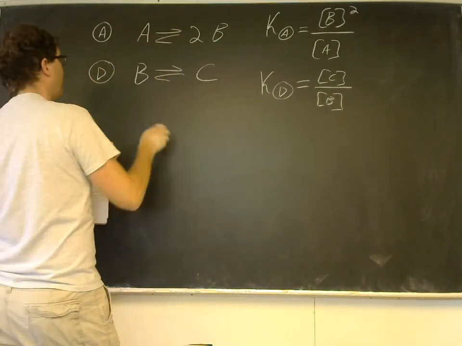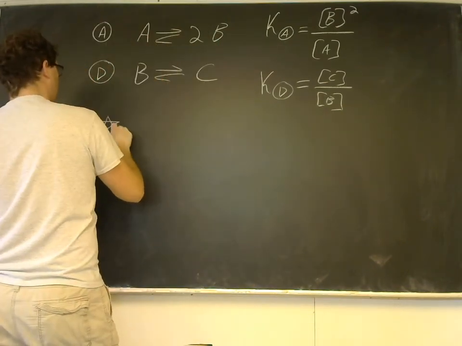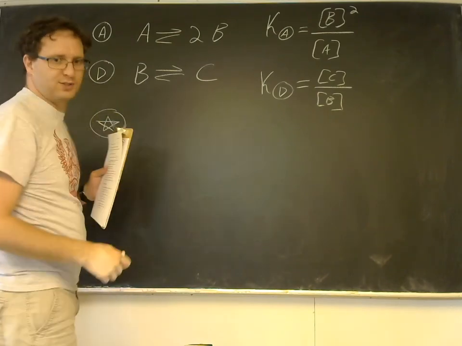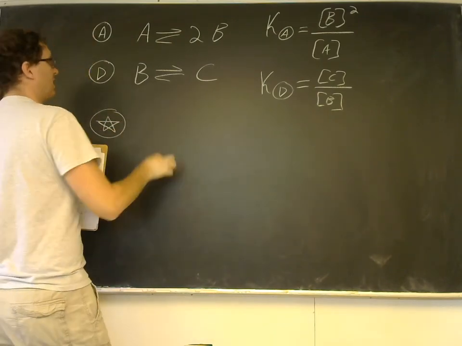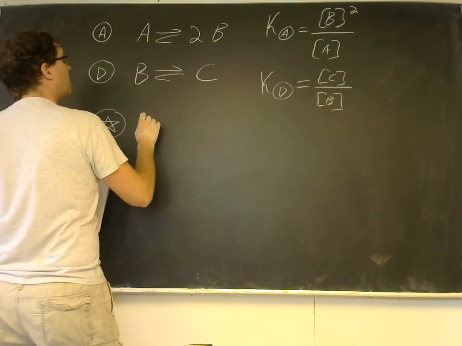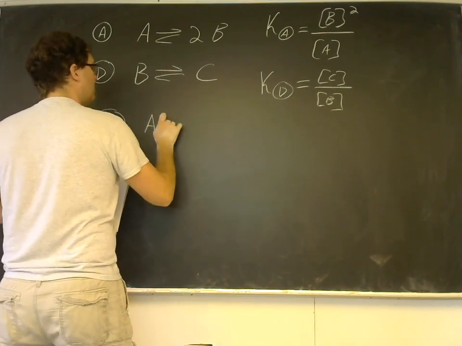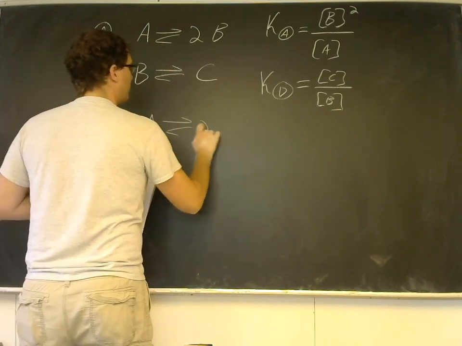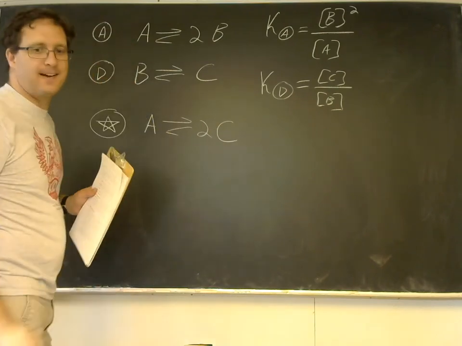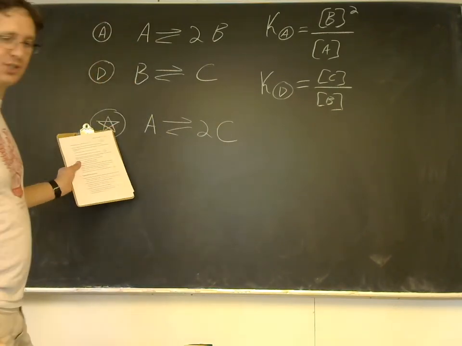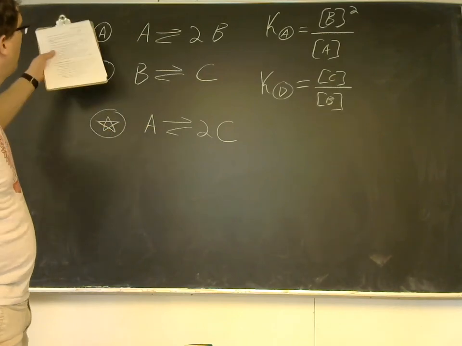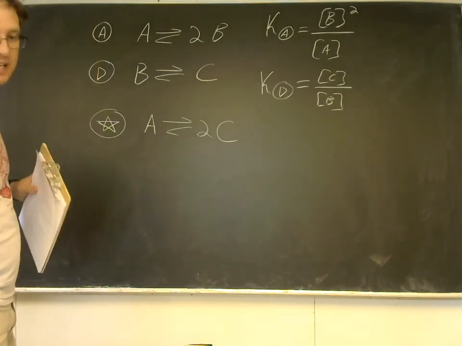Now, what if I have another reaction here? I'll call it reaction star, just to keep it distinct. And star is going to be A in equilibrium with 2C. Now, how can I reconstruct this reaction star out of A and D?